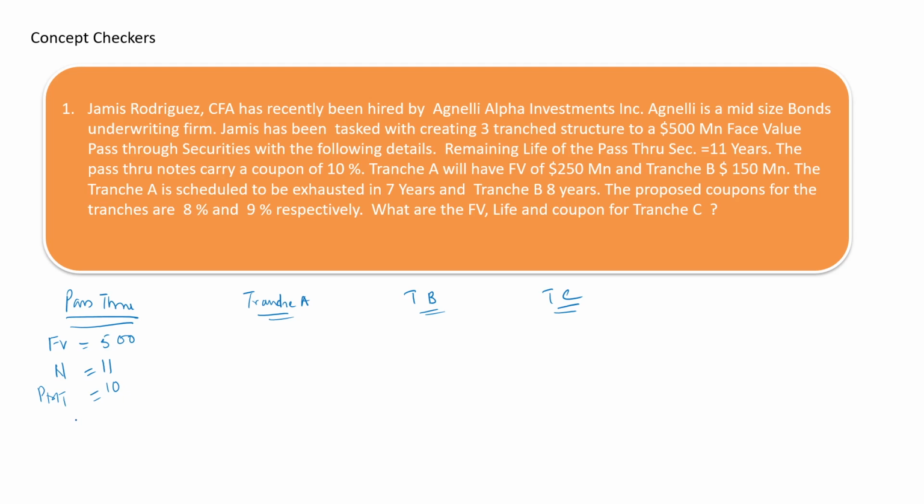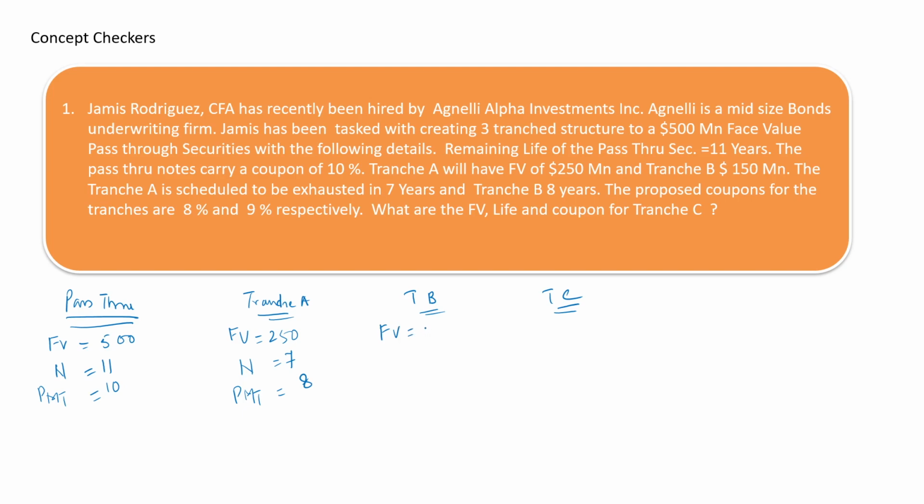And of course, tranche A has a face value of $250 million, and this also has a life of 7 years, and the regular coupon that accrues to tranche A is 8%.